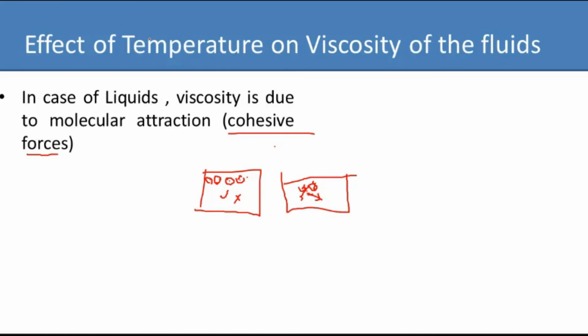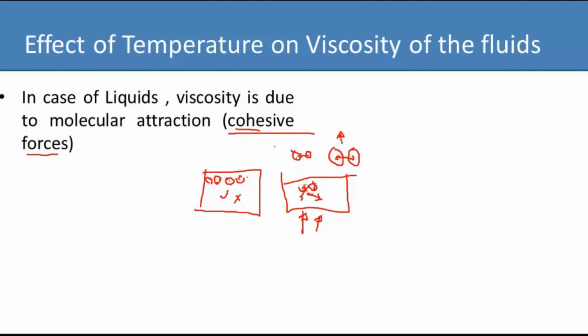But what happens when you supply the external heat? These molecules which are close to each other have a small center to center distance, and as the center to center distance is small, there are more cohesive forces. But when you supply the heat, thermal expansion of the molecules takes place, and as the thermal expansion takes place, their center to center distance will increase.